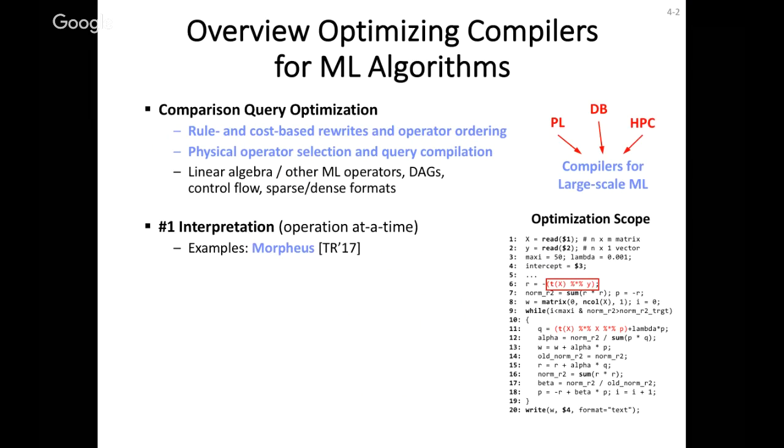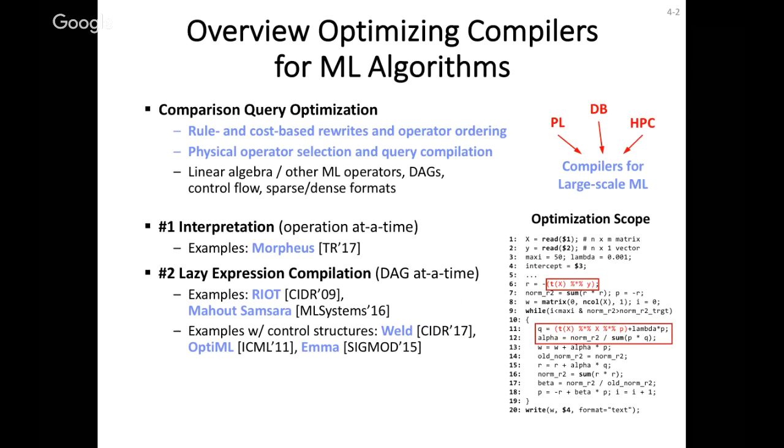Now, there are different systems that follow a different optimization scope. For example, the Morpheus system interprets individual operations, where the optimization scope is limited to that one particular operation. Other systems rely on lazy expression evaluation.